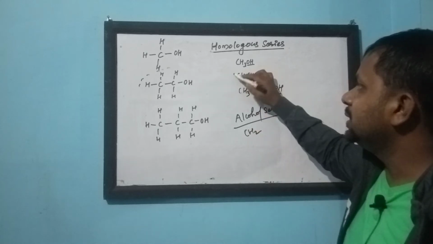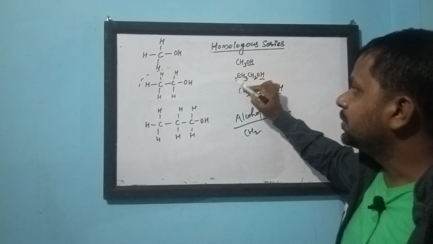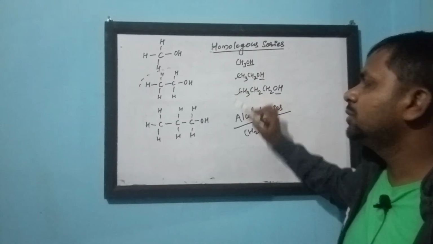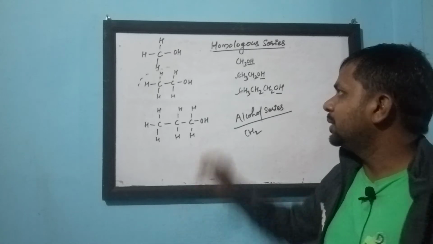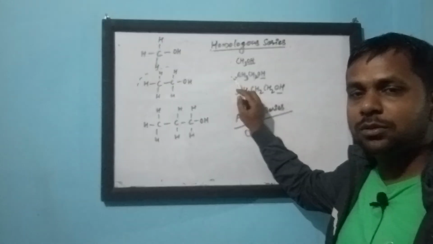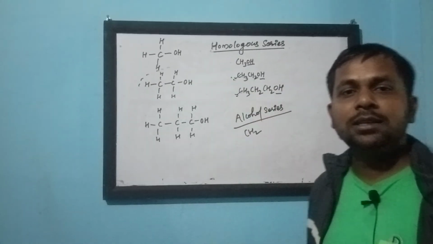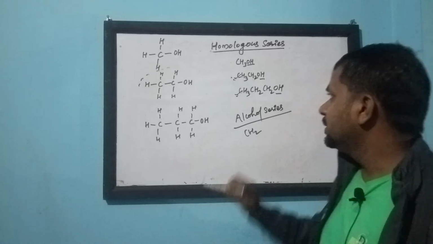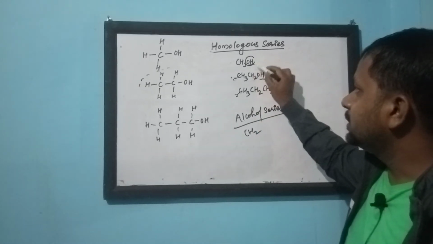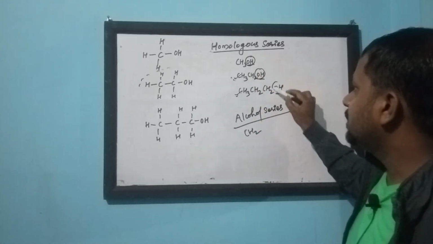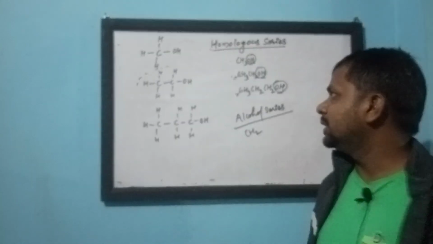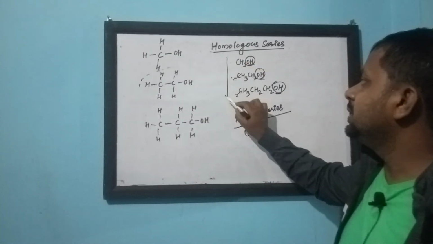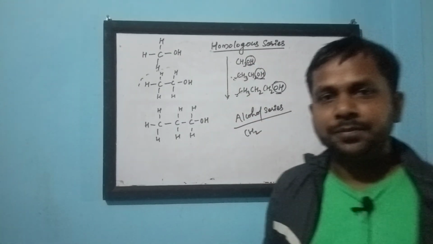Each consecutive term is more by a CH2 group. From this to this is more by CH2. From this to this is more by CH2. And all contain this OH, it means all are alcohols. Then we call this the homologous series of alcohol.